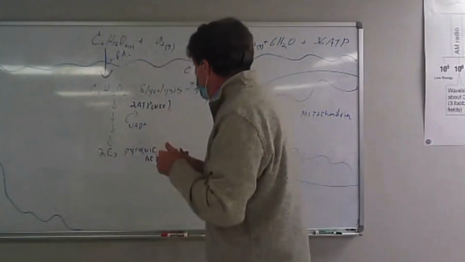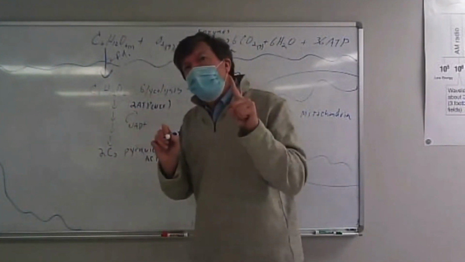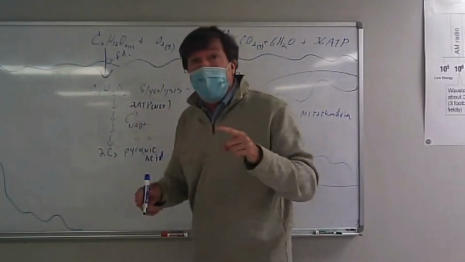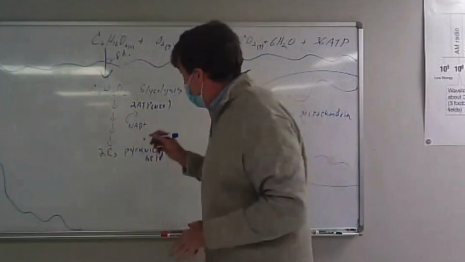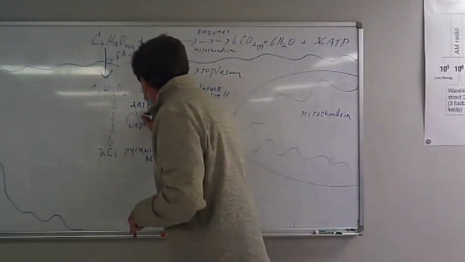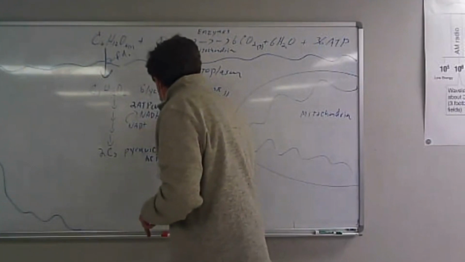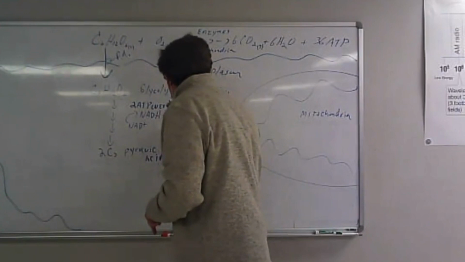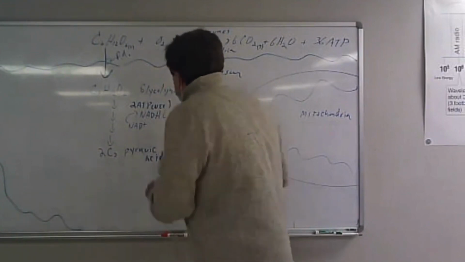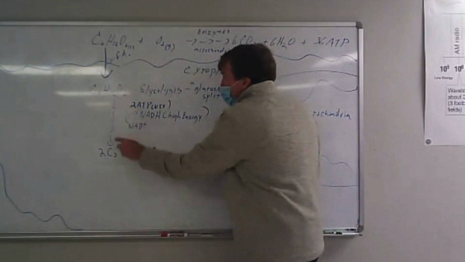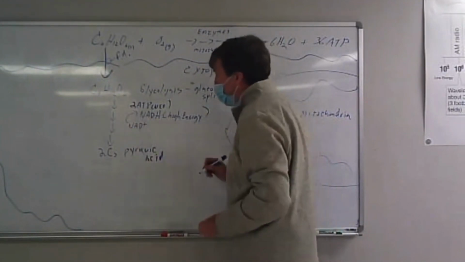Not only are we going to grab high energy electrons from these, but we're also going to grab hydrogen from the local environment, and we're going to make NADH, and this is high energy. So we're going to make high energy NADH after it steals electrons from these intermediate molecules.